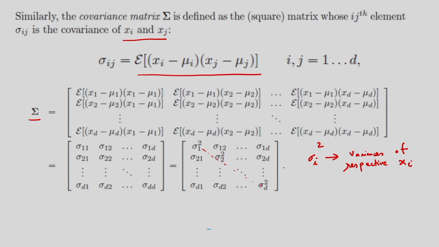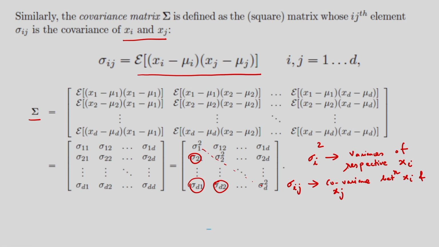And the off-diagonal elements, sigma ij, are the covariance between xi and xj.